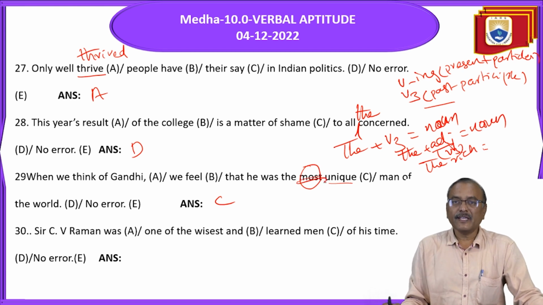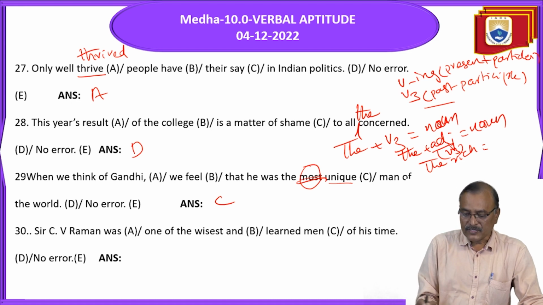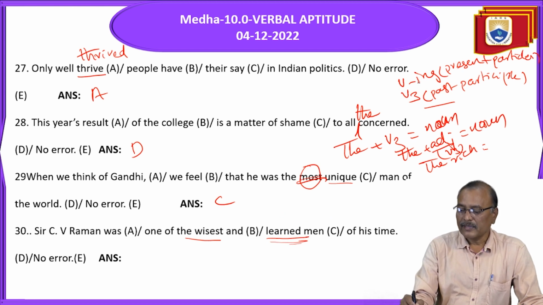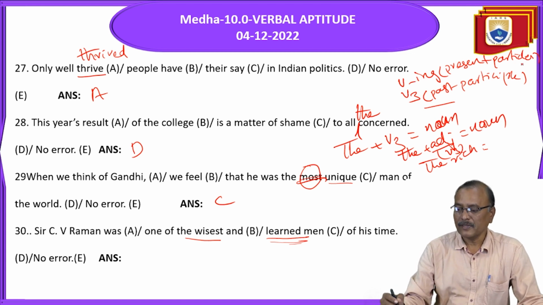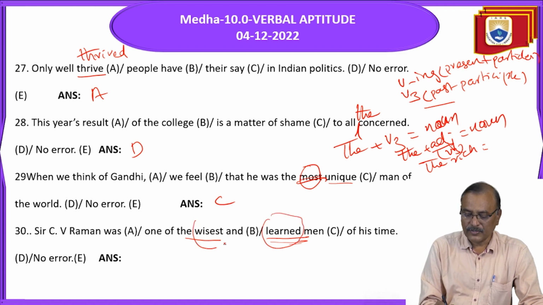Next, Sir C.V. Raman was one of the wisest and learned men of his time. So when two adjectives are used, first give preference to adjectives with present participle or past participle. First mention these, and next use this adjective.